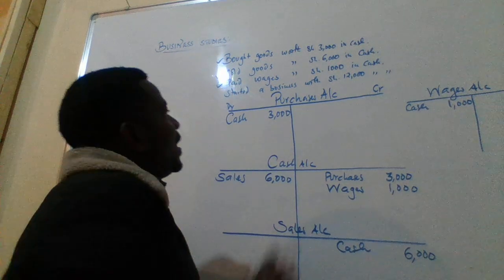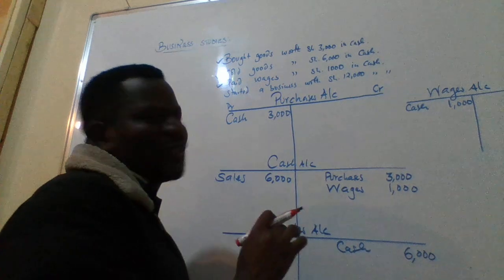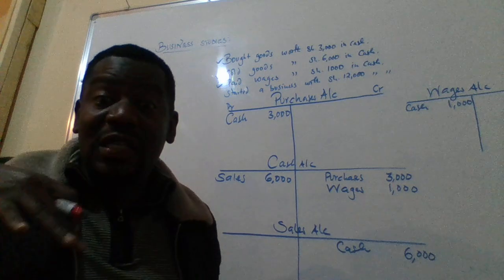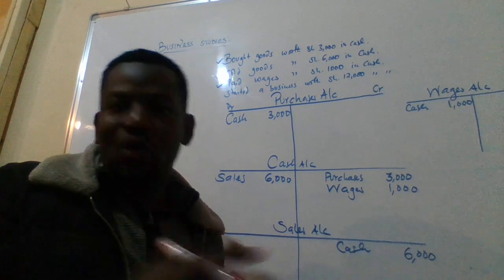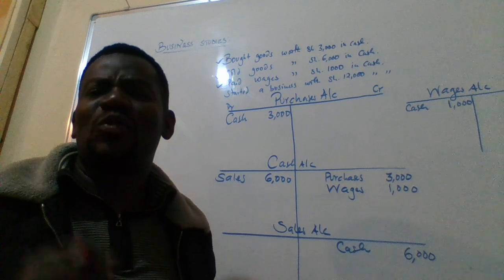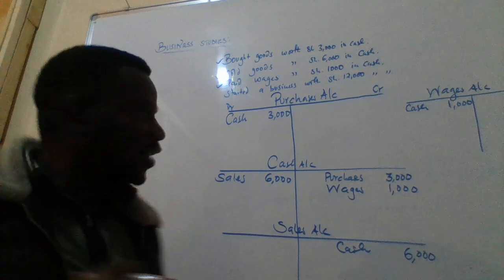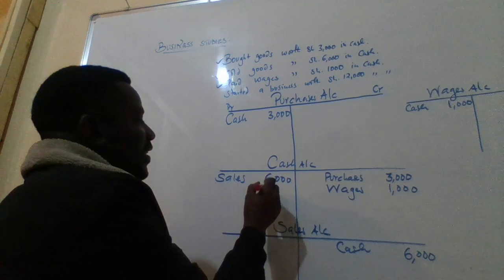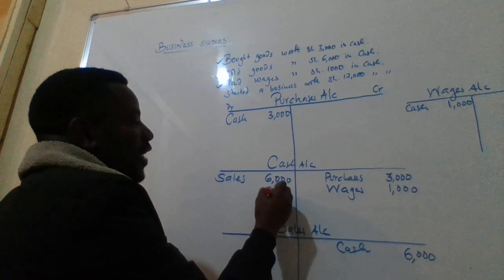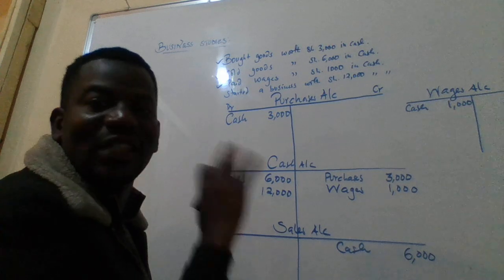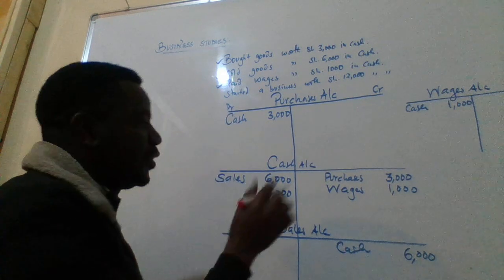Lastly, started a business with 12,000 shillings in cash. Now the business has started and the owner has given you cash to start the business, which means cash increases, capital also increases. So come here, say cash, we are given 12,000. Where did it come from? This person who started a business, it is a matter of capital.